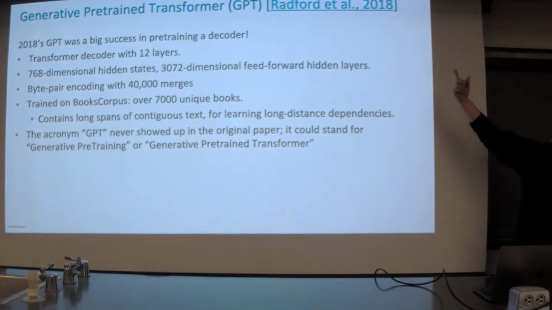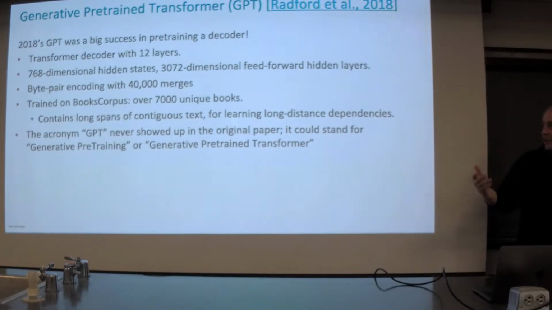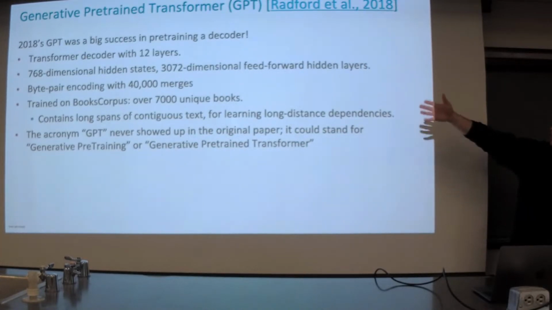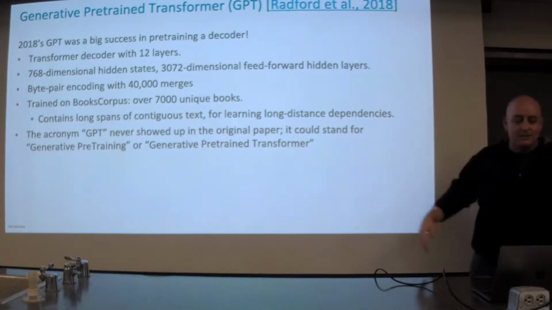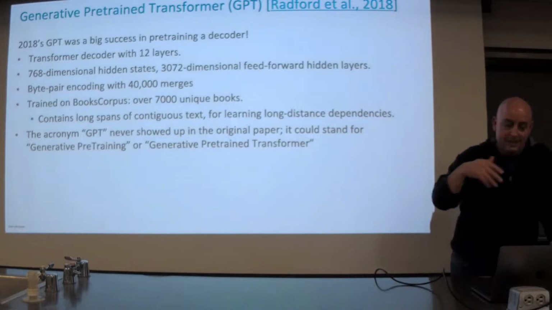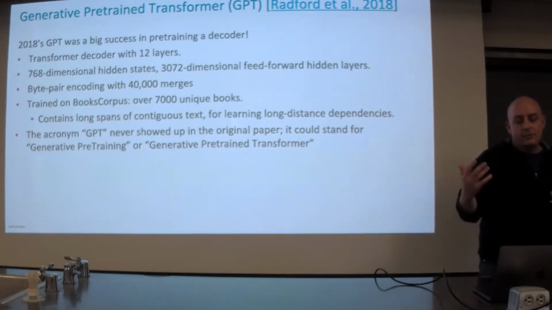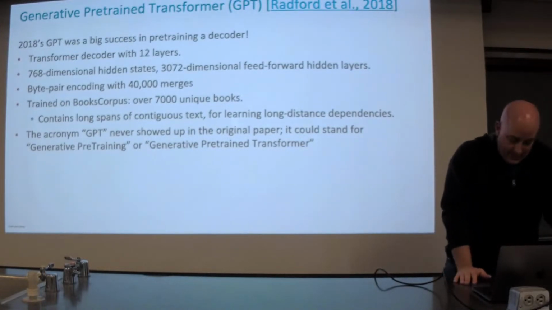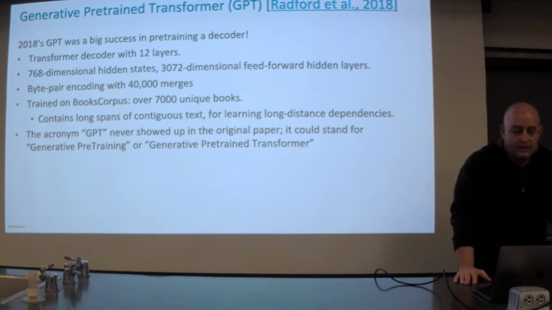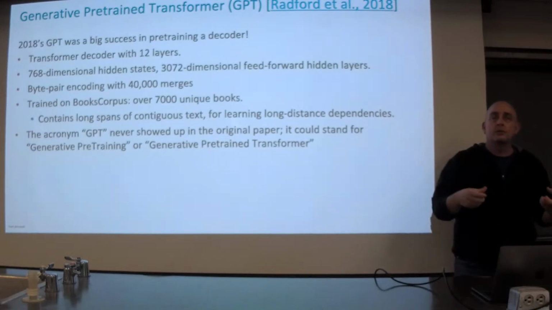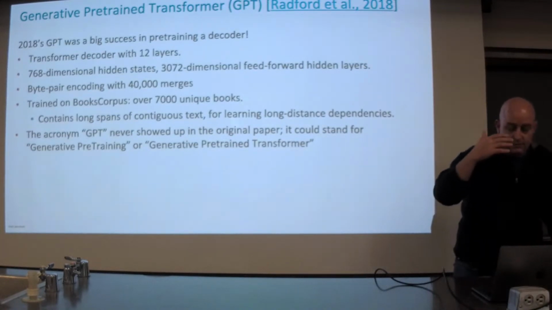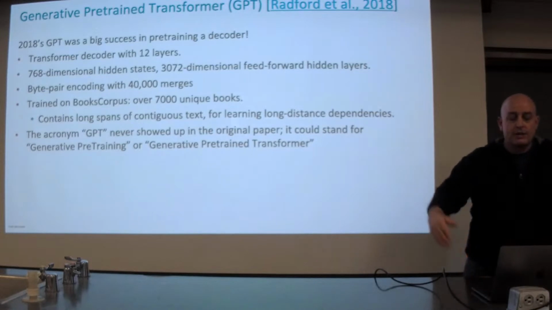The acronym is in this paper from 2018, but what it actually means wasn't in the paper. No one really talks about it as generative pre-trained transformer. Maybe it stood for generative pre-training or something, but we just call them GPT. This came out from OpenAI, and it was the first in a series of really powerful decoder transformers.